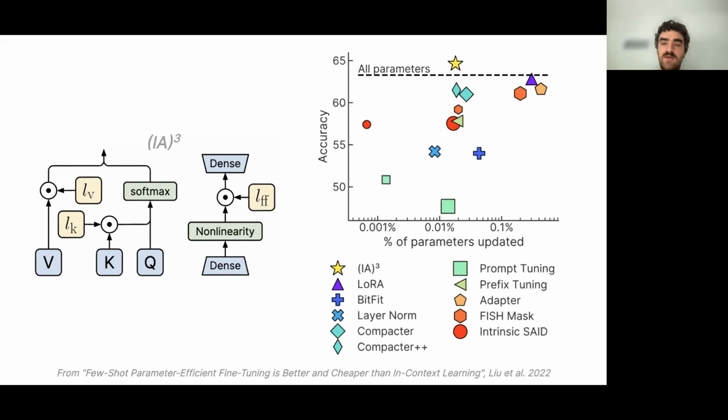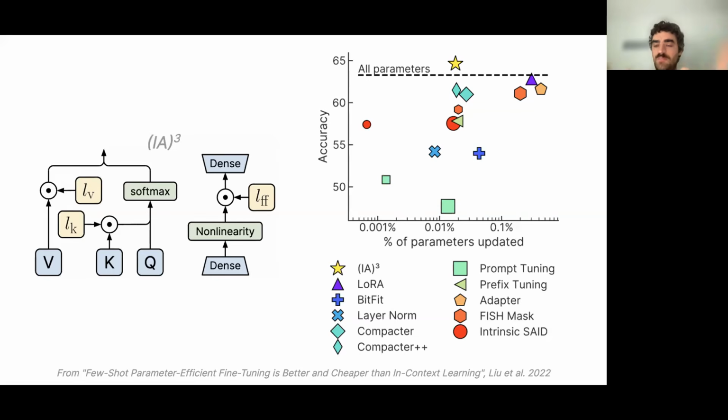Ultimately, at least in the few-shot setting, what IA3 allows you to do is get comparable or better performance to fine-tuning all of the model's parameters while only updating the equivalent of about 0.01% of the model's parameters. So now we have this technique that is as effective as full model fine-tuning in the few-shot setting, but only updates a very small number of parameters.